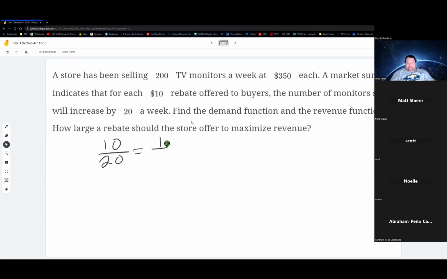So it's basically for every $1, we would sell 2 extra TVs. Because again, we have to make this down to one specific value.